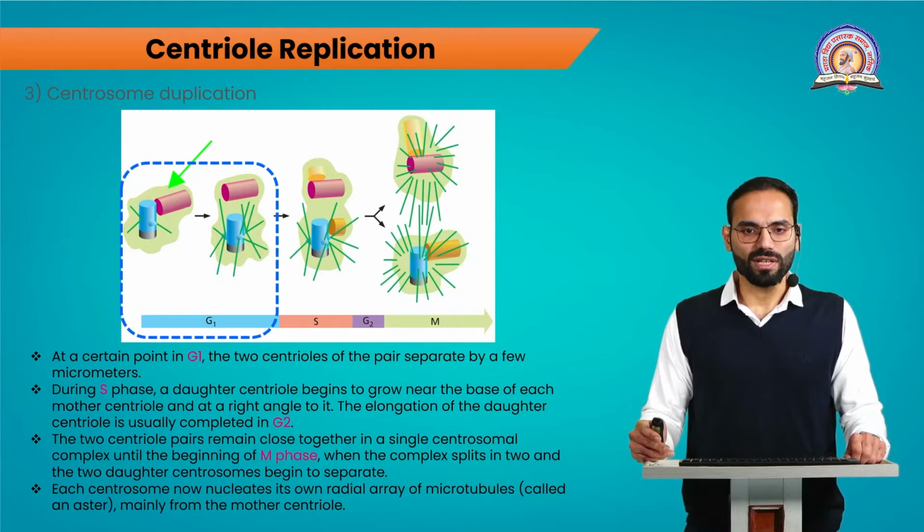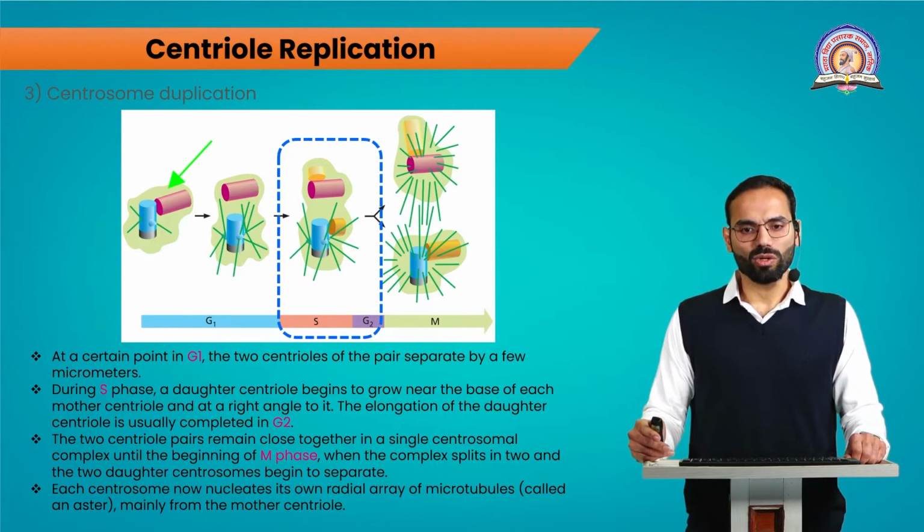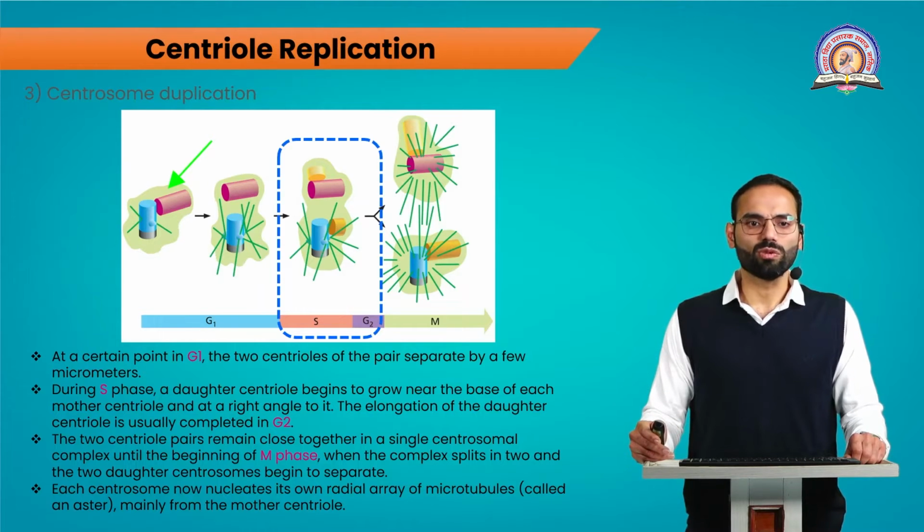During S phase, as the DNA gets replicated, the centriole also begins to replicate itself, and a new centriole is formed at right angles to the original centriole. Then the elongation of the daughter centriole is usually completed in the G2 phase of the cell cycle. This duplication of the centriole is very similar to that of DNA duplication, that is, it is a semi-conservative mode of duplication.